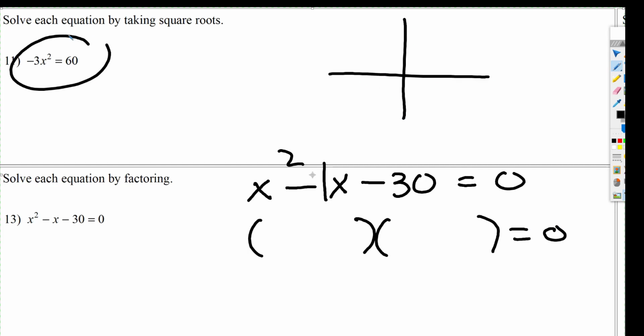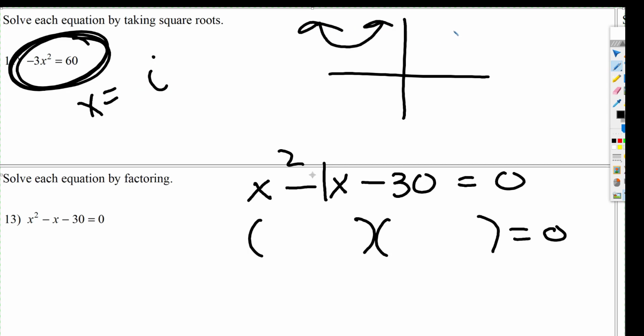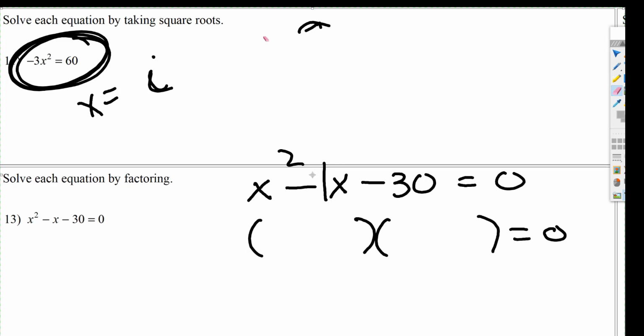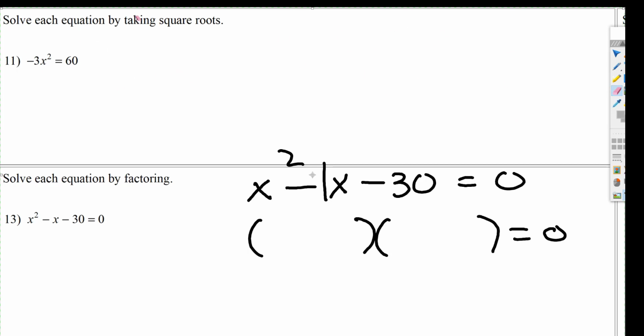Oh, by the way, since the x there had an i in it, that means that graph was probably up here someplace. Or, since it was a negative graph, possibly looking like this. When i is part of the answer, the roots will not touch the x-axis.